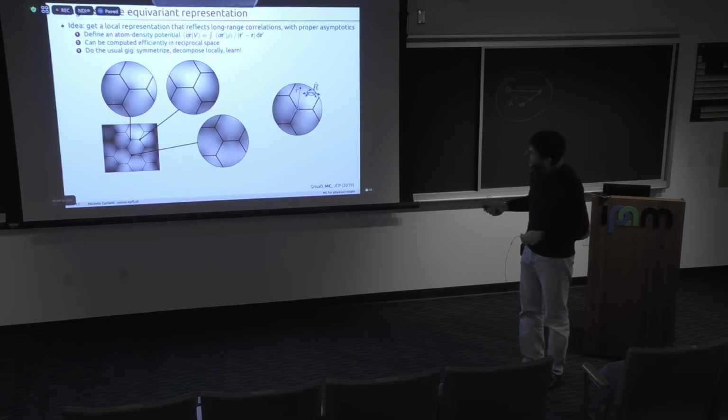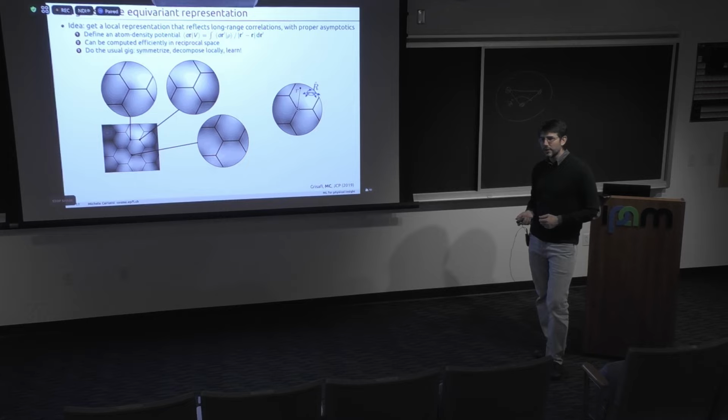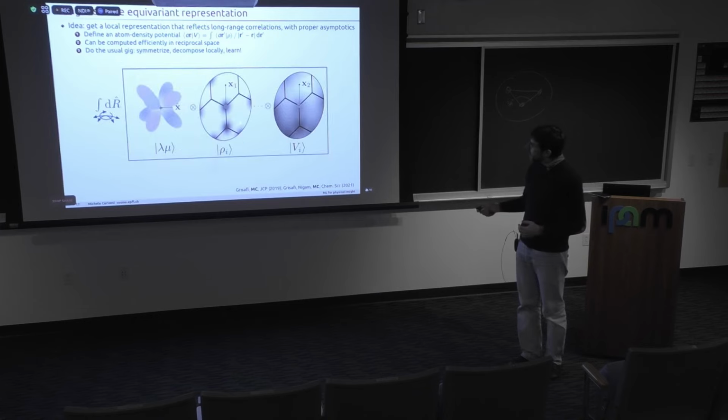And then we can build descriptors of this potential and we symmetrize them, we run exactly the same procedure as before, and this gives us these mixed descriptors that combine a descriptor of local structure with a descriptor of the long-range structure.